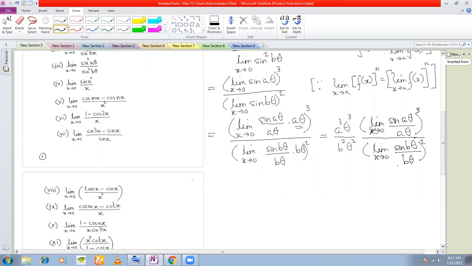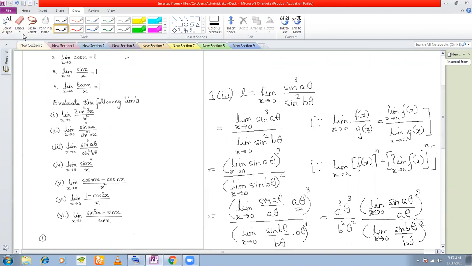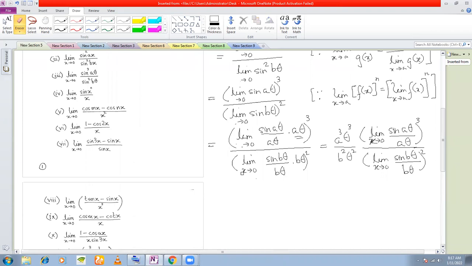Now this is, I think, theta tends to 0, not x, because the variable here is theta. There is no x in the function if you see. All this is theta tends to 0. So we cannot take theta out actually here because theta is a variable. We can only take the constant out.